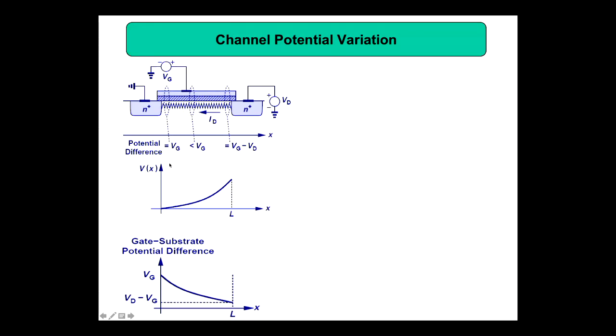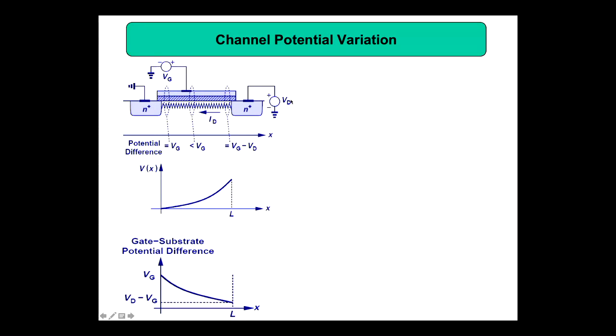If you plot the voltage across the source region and the drain region, you will find something like this. The voltage is increasing. Vx is the voltage at any point.